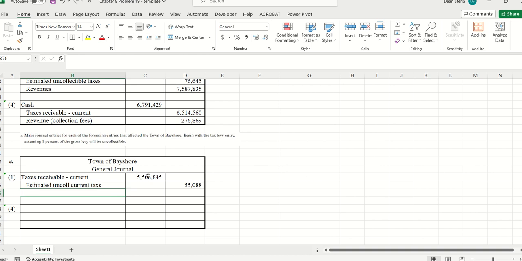Of course, we want to collect the whole thing, but this is what we are estimating we're not going to collect. Okay. And then for the last one is revenues. And we get that by taking the total levy minus our uncollectible, gives us revenues of 54.